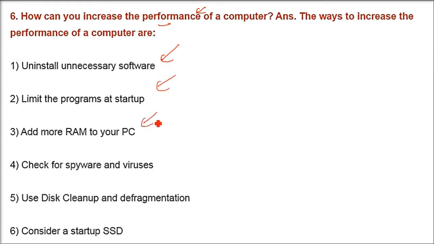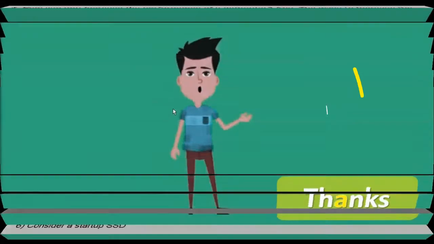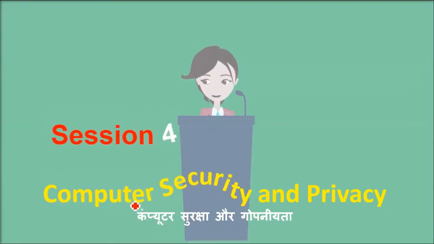Add more RAM to your PC, but you cannot endlessly add it. Check for any kind of viruses, worms, spyware. Use disk cleanup and defragmentation. Defragmentation is basically, the available memory is scattered, so you have to combine it. There is software which does defragmentation. Consider a startup SSD. This is also one of the possibilities. Okay, this is all about this discussion.